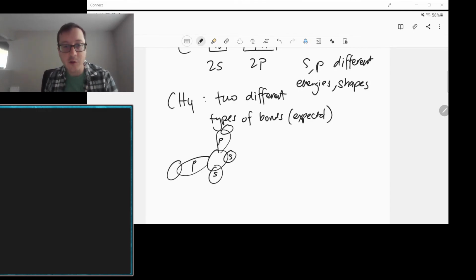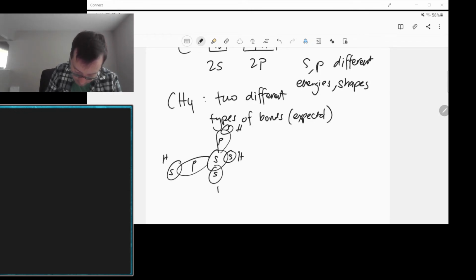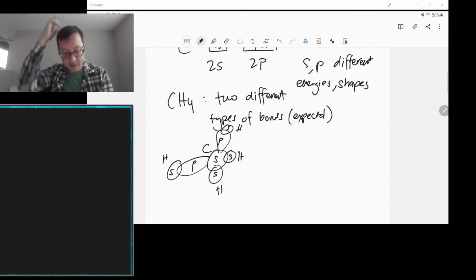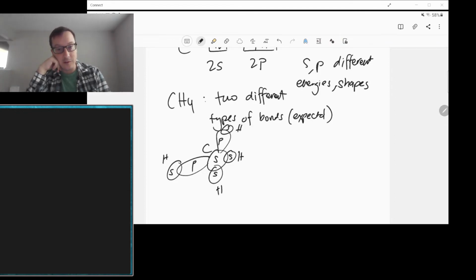And I'm only showing one half of the p orbital because it's going to get messy. Sorry, that's the s as well. These are the hydrogens, and this is the carbon in the middle. Okay, let's just undo that. That's our carbon. We would expect, well, now we have two giant bonds and two small bonds, right?